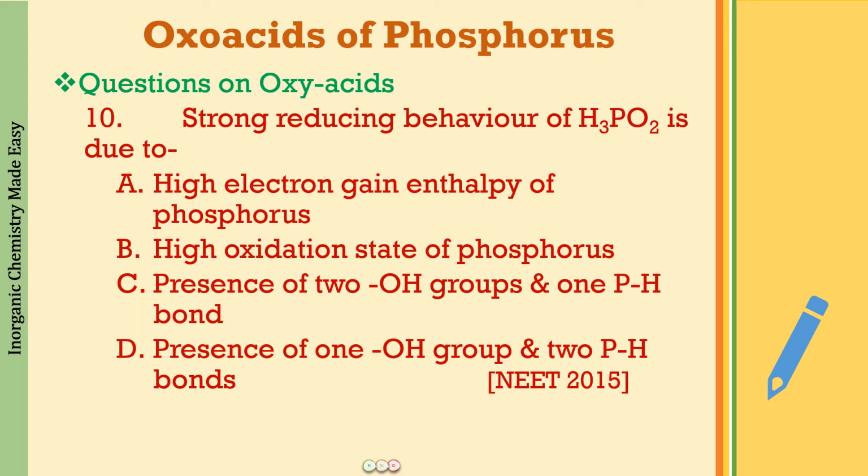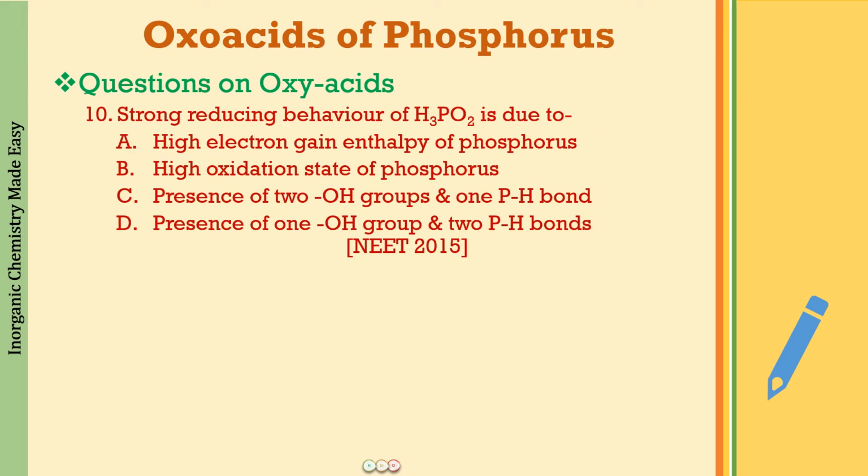This is a question asked in the 2015 NEET examination. These are just the same questions being framed in one way or another. If you know the simple concept, you are going to get it 100% correct. By now you all know what is going to be the correct choice. It is going to be D because H3PO2 has one OH group and two PH bonds.